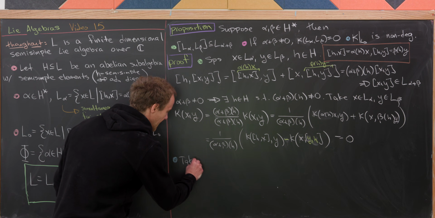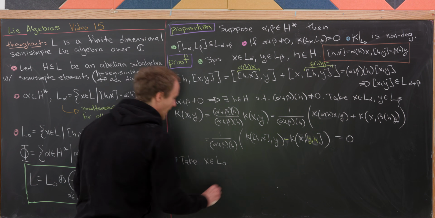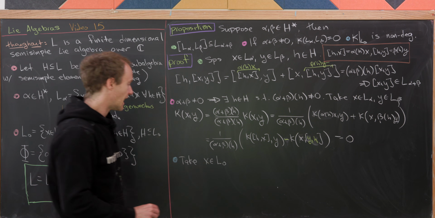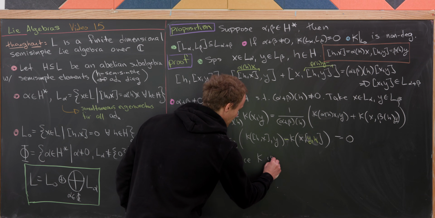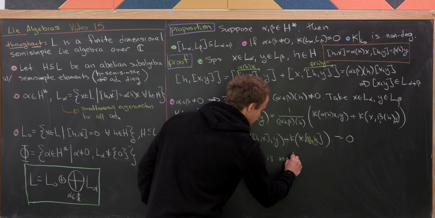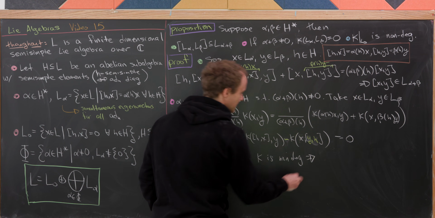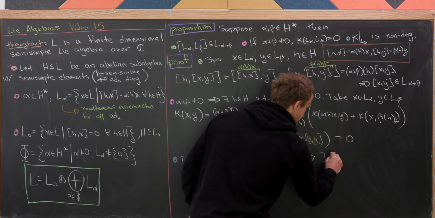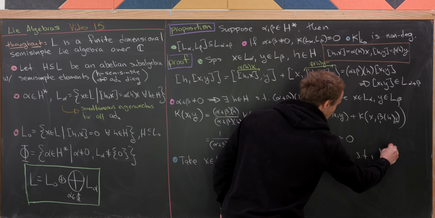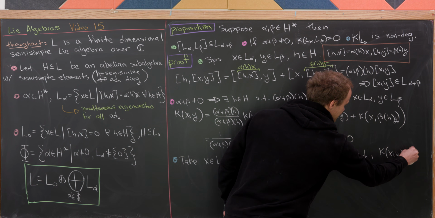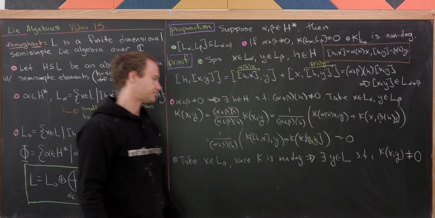So let's take an X inside of L0, and then since kappa itself is non-degenerate, what that tells us is there exists a Y inside of L such that kappa of X with Y is non-zero.